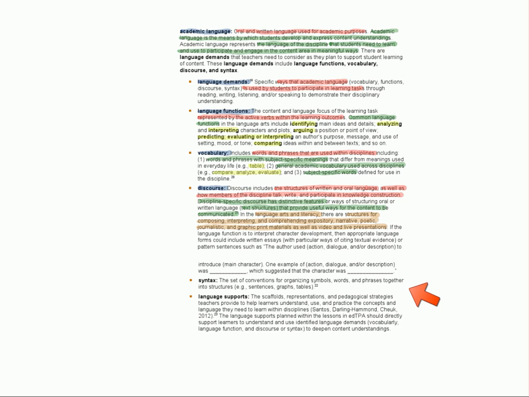Next, we might think about syntax. And syntax, the set of conventions for organizing symbols, words, and phrases together into structures. And so the examples here will help. Sentences, graphs, tables. So any time in which you organize the words in a certain order or frame or hierarchy, any of those organizing structures that give the text added meaning, that's the syntax of it, okay?